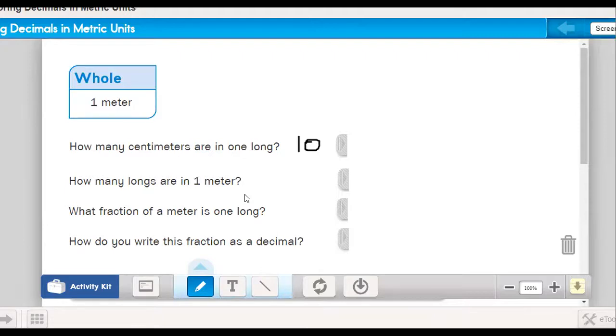So how many longs are in 1 meter? Well, those base 10 blocks, we said each row was 1/10 of that whole chunk. So we're going to say 1/10 again here because we need 10 of those.